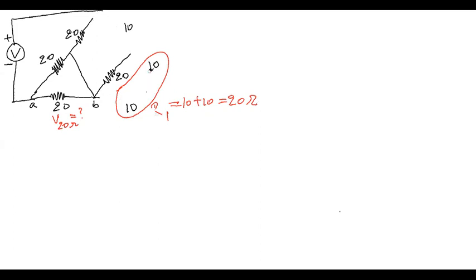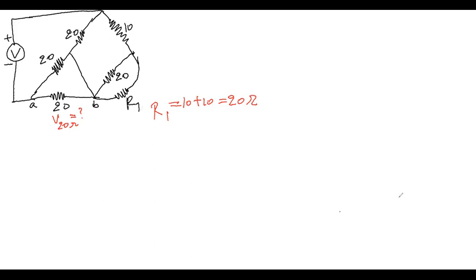So let's remove this. So this was connected to this. Yeah, so this is it. Now those two 10 ohm resistors are replaced by R1.